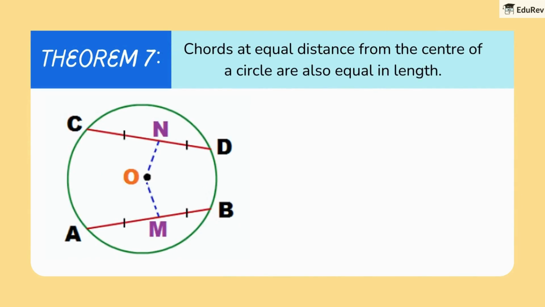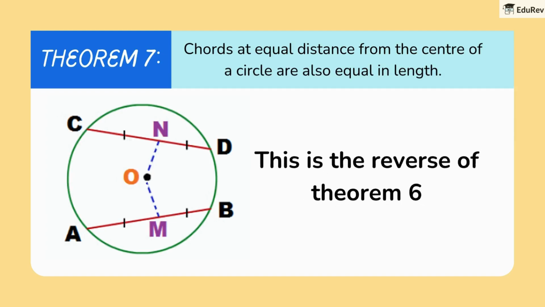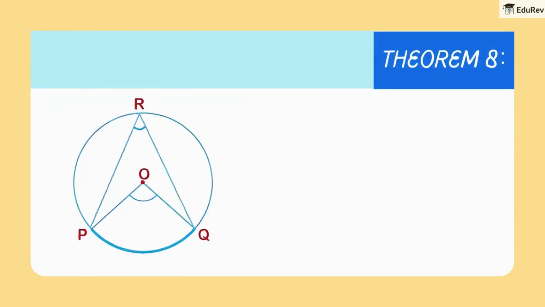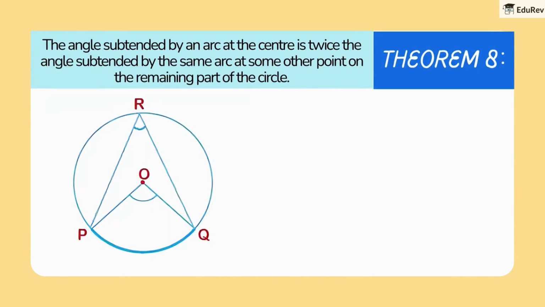Chords at equal distance from the center of a circle are also equal in length. This is the reverse of Theorem 6. Theorem 8. The angle subtended by an arc at the center is twice the angle subtended by the same arc at some other point on the remaining part of the circle. Angle POQ equals twice angle PRQ.